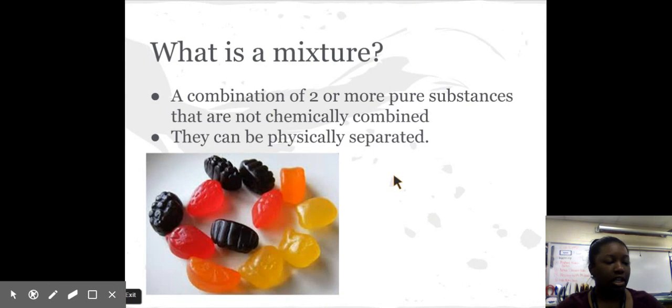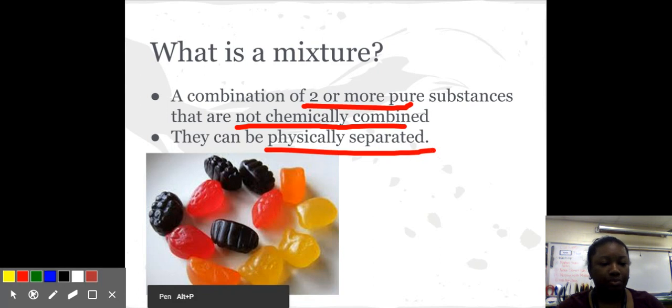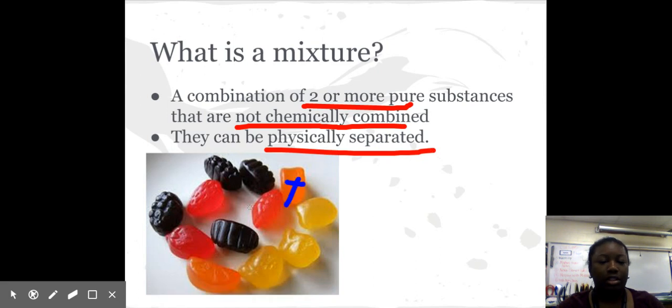So if you look at this picture right here, basically a mixture is a combination of two or more pure substances that are not chemically combined. They can be physically separated. So we can separate the oranges, we can separate the reds, we can separate the purple and the yellow.